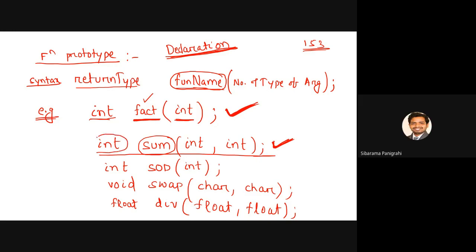Int is the return type. Yes. How many arguments does it take? Sir, 2. How do you know that it is 2? Because I have written int, comma, int. So 2 arguments. Yes? Yes, sir. Very good. So now you tell me, if this is the prototype, how will you call it?